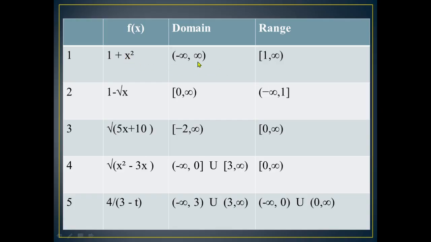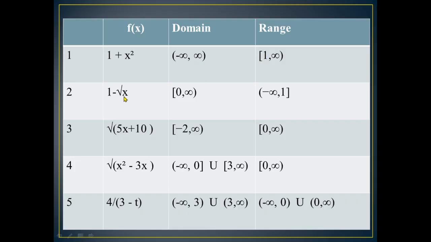So the minimum value is 1, the range is 1 to infinity. Here 1 plus x square, any real value can be an input value. So the domain is minus infinity to infinity, and the range is 1 to infinity including 1.